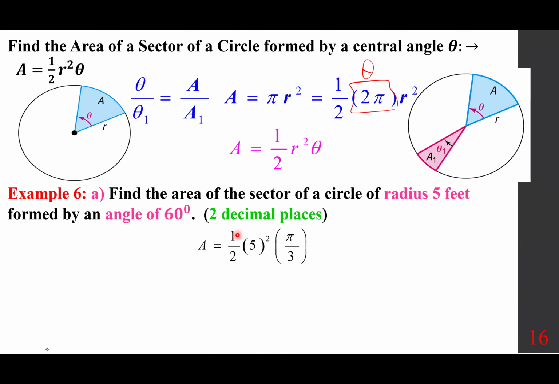Class, we all know that. Again, it's a common arc. 60 degrees is pi over 3, has to be in radians. So 25 over 6 times pi, and 13.09, and the units are the units of the radius squared, because area has the units of length squared.